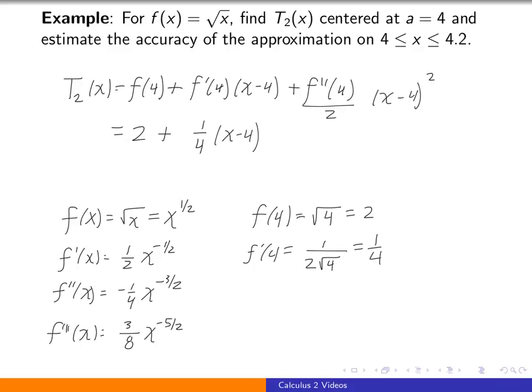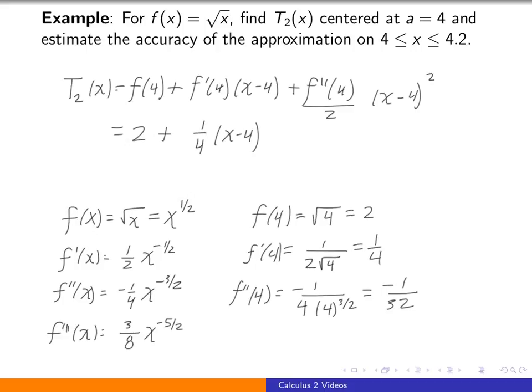And then lastly, to get the Taylor polynomial, note f double prime of 4 is going to be minus 1/4, and raising to the minus 3/2 is equivalent to dividing by 4 raised to the 3/2. This is going to be equal to minus 1/32.